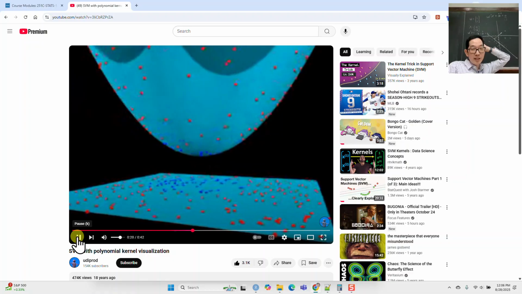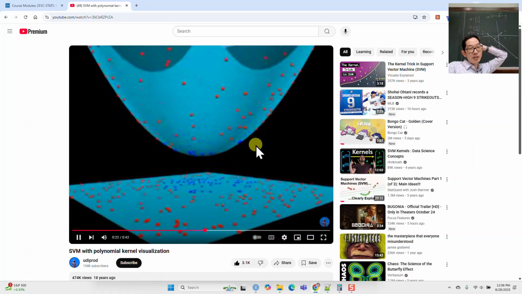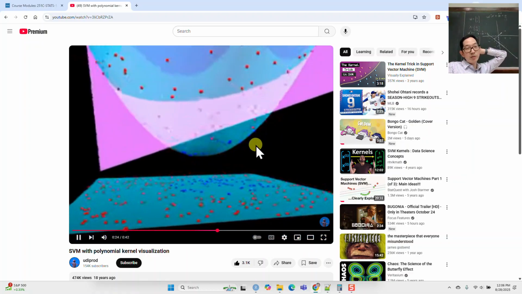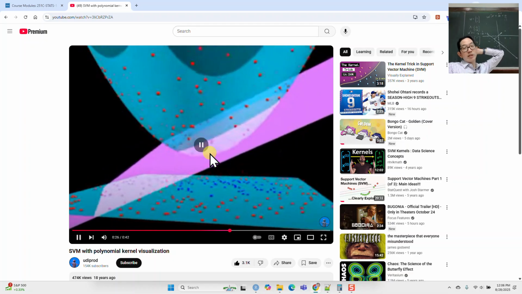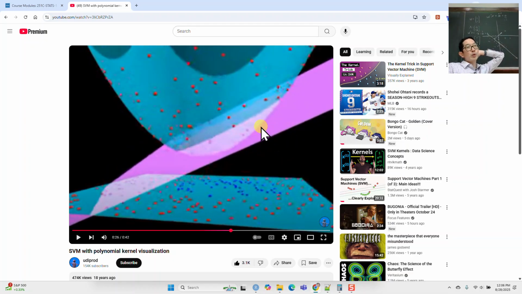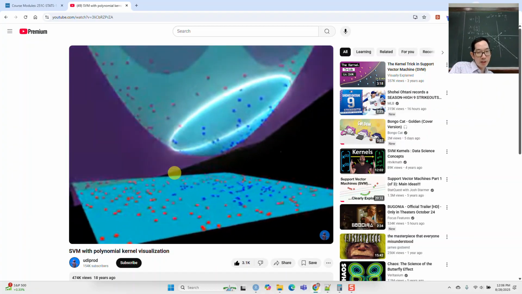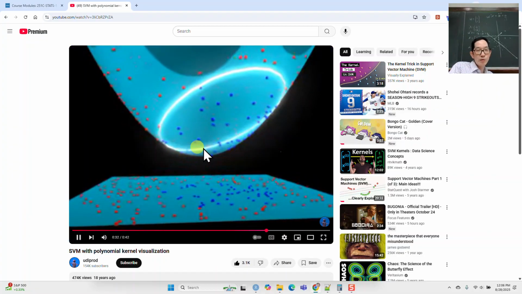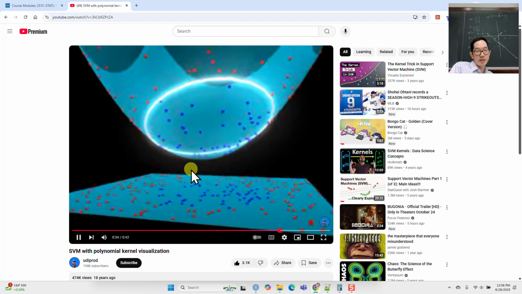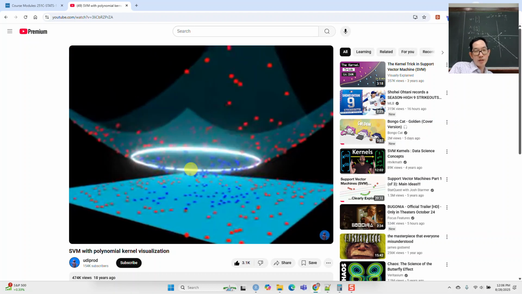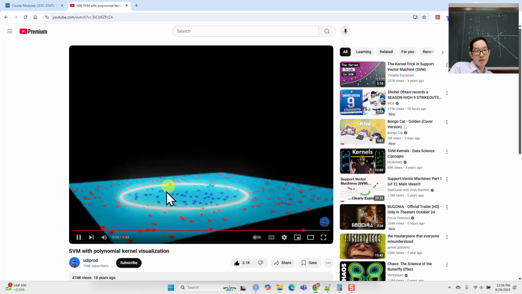So now there's a third dimension, and with this third dimension, now we can draw a linear hyperplane that will separate the blue dots from the red dots, okay? So we can draw this hyperplane, and this will form the boundary that separates our two classes here.